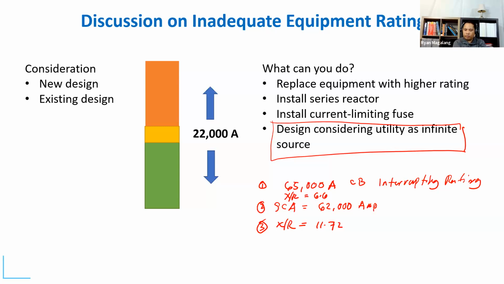So the question is, is the breaker adequately rated to interrupt this fault current? At first look, you'd say, well, I have 65 versus 62, yes, good, I'm okay. The breaker is properly rated for that application.